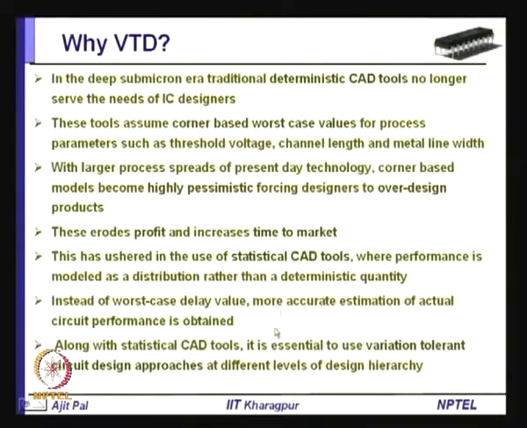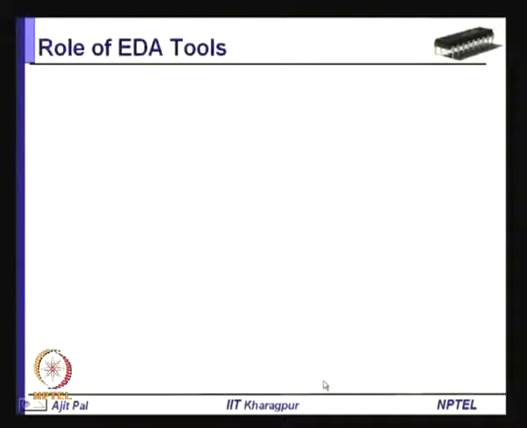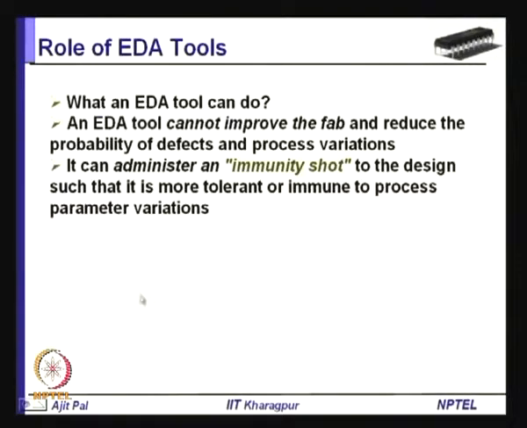And along with statistical CAD tools, it is essential to use variation tolerant circuit design approaches at different levels of design hierarchy. I shall discuss some of the variation tolerant circuit design approaches which can be used at different levels of design hierarchy. And obviously, in this case, what is the role of the EDA tools? An EDA tool cannot improve the fab.